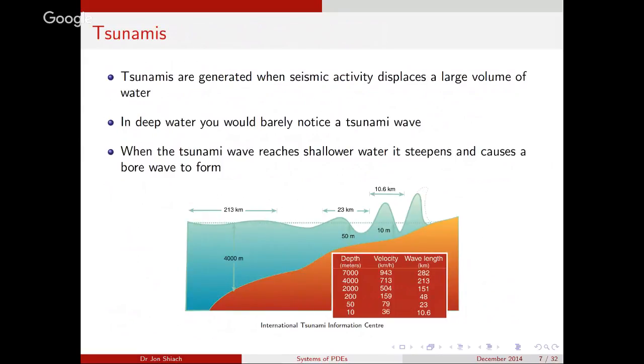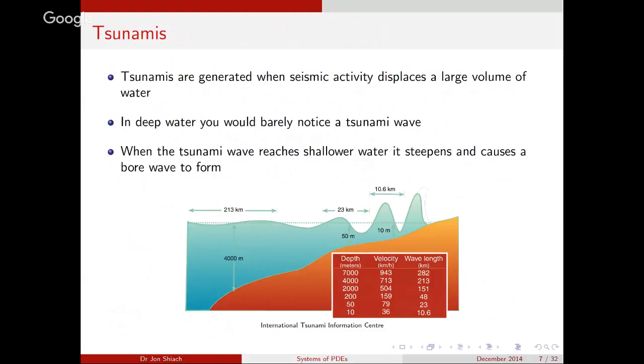Usually seismic activity under the sea floor pushes up plates. So plate tectonics come together, continental plates, one of them will push up over the other, and it displaces many millions of cubic meters of water. And that disturbance under the sea, the seismic activity, pushes water around.